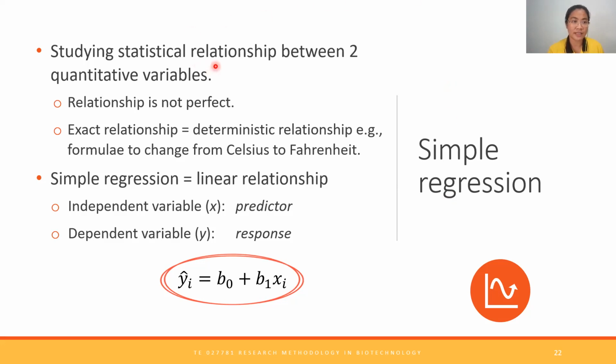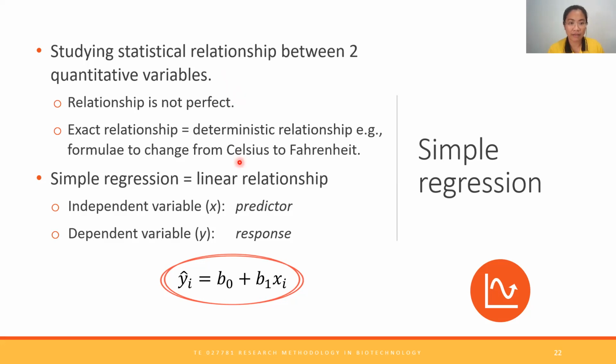So regression is a study of a statistical relationship between two quantitative variables. In the real world, the relationship is not perfect. Even though you have a straight line trend, every point will not be exactly on the line, so it has some variation.